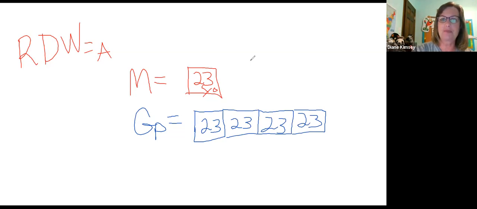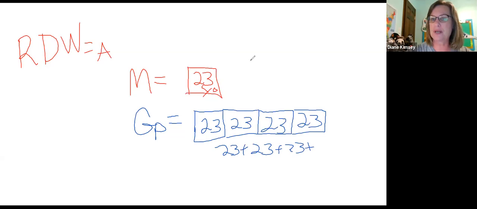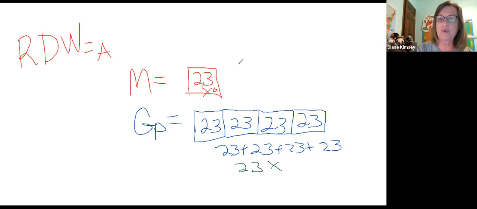And so our math problem would be, we could do the repeated addition of 23 plus 23 plus 23. Good thing it wasn't times 12, right? Plus 23. We could do that, or the kids could learn, they can move that up to the next level and say, well, that would be 23 times 4.